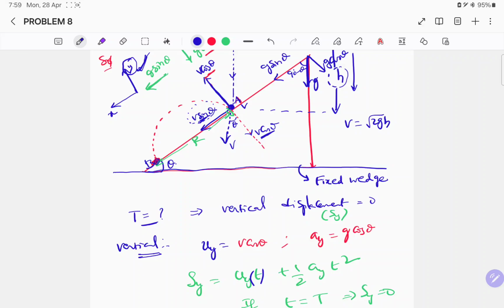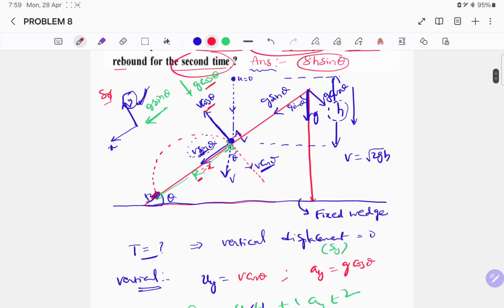And in this capital T time, the horizontal displacement is what we call range. While calculating horizontal displacement of the projectile on the inclined plane, do remember it has a horizontal acceleration. Velocity direction and acceleration direction are in the same direction, so it will be increasing its speed. So it is under acceleration along the x-axis.